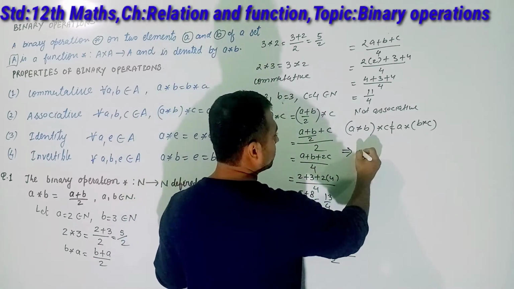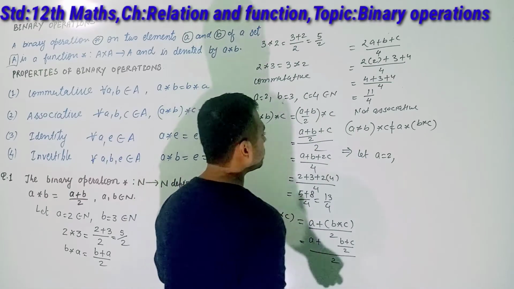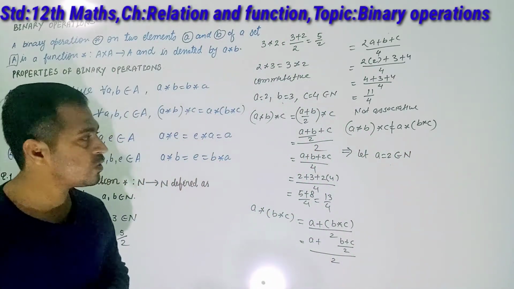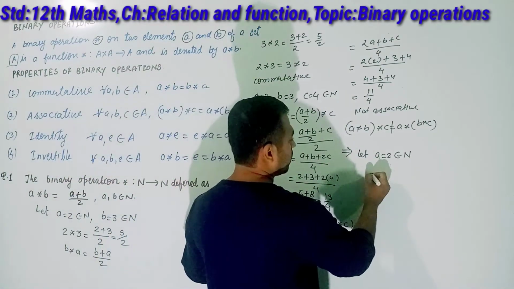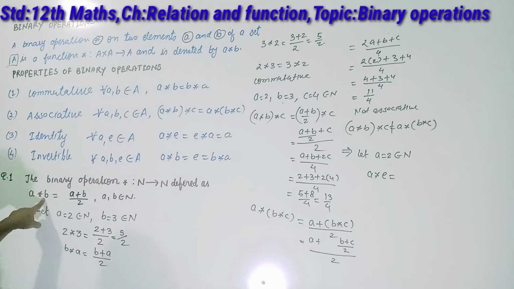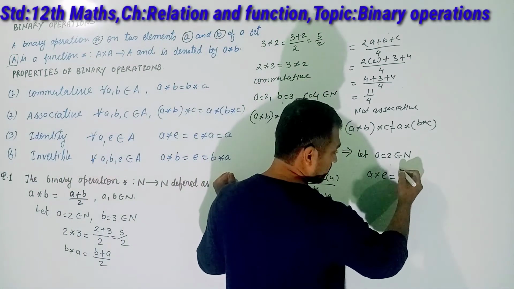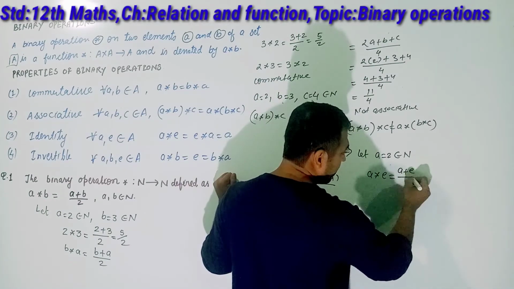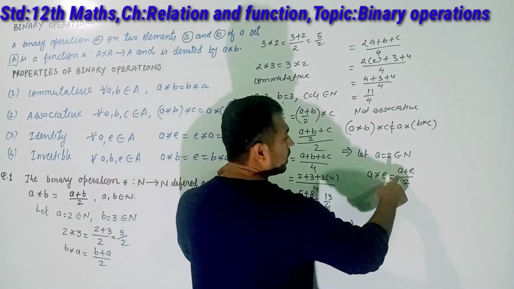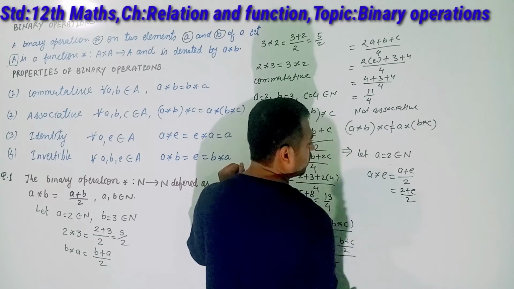So let us consider a is equal to 2, which belongs to natural numbers. So a star e, according to this expression a star b is (a plus b) by 2, so we write (a plus e) by 2. In place of a, we write (2 plus e) by 2.